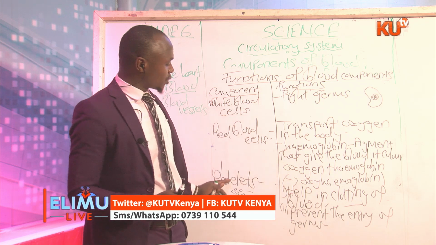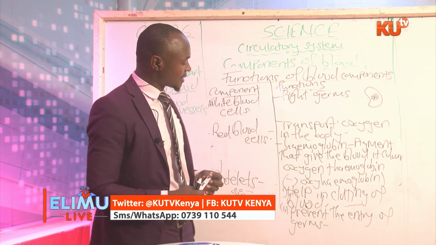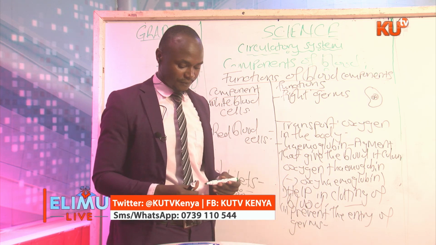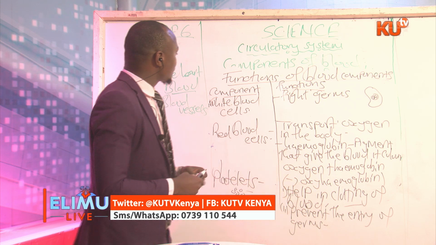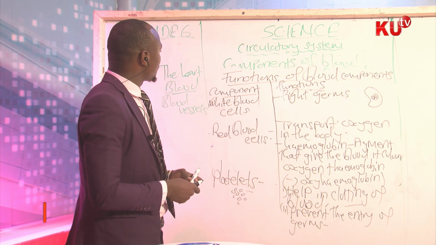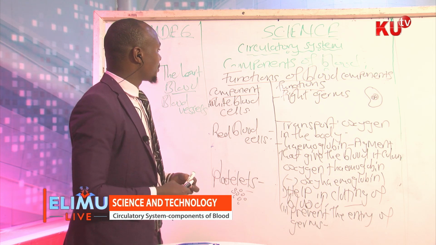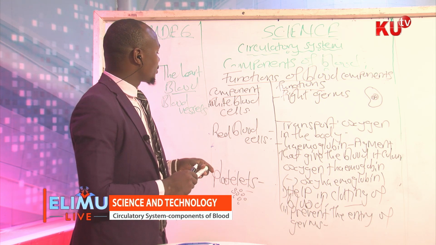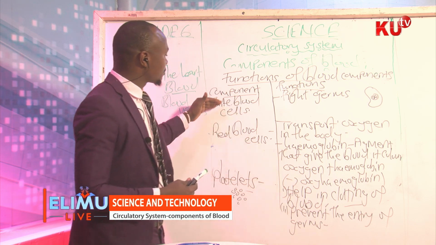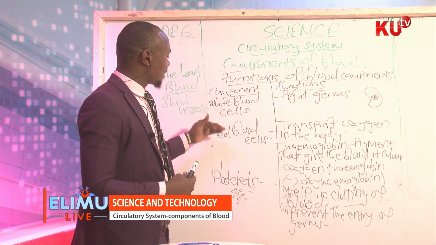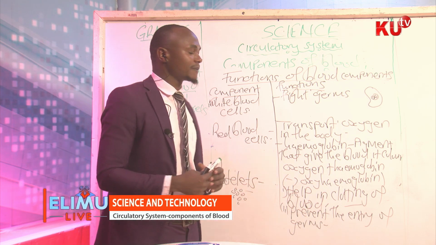But in platelets, we are talking about preventing the entry of the germs. That is after clotting. We have discussed the four blood components, where we began with the plasma, then we went to the white blood cells, the red blood cells, and finally the platelets.